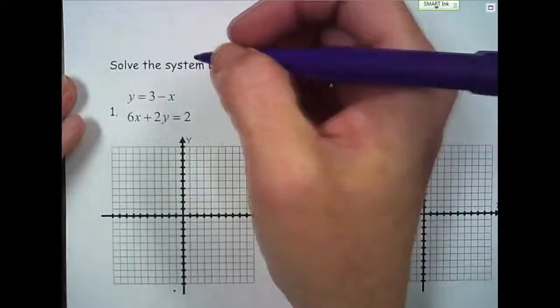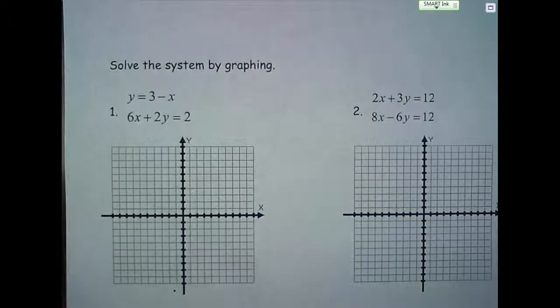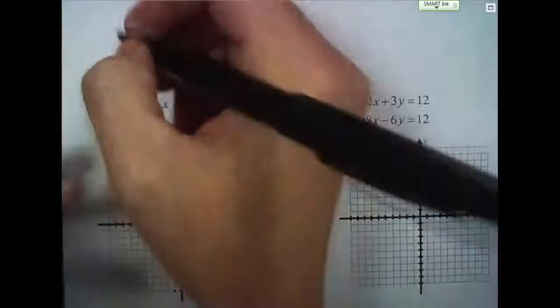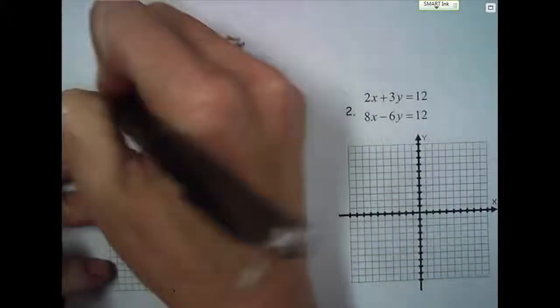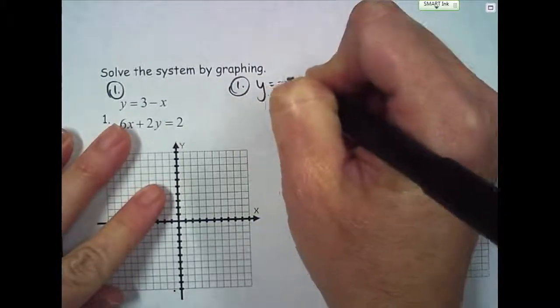Okay, if you want to use different colors for today, it might help, but let's start graphing line 1. I'll graph line 1 in black. Okay, and I'm going to redo this so that it says y equals negative x plus 3.